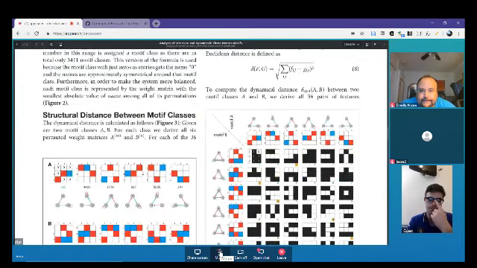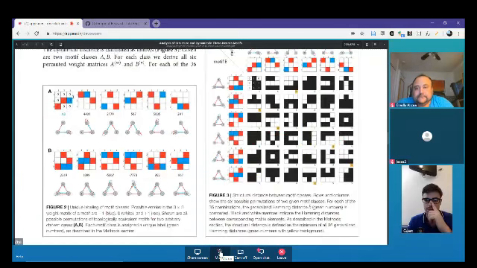Here, the connections are ternary. One indicates an excitatory connection, negative one an inhibitory connection, and 0 no connection. And the neurons are binary neurons.